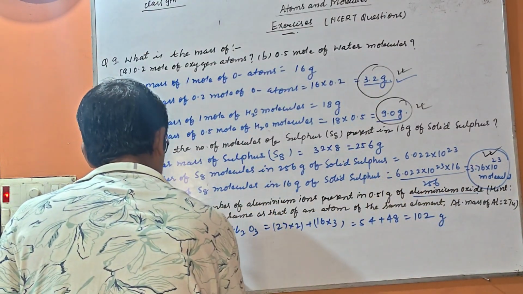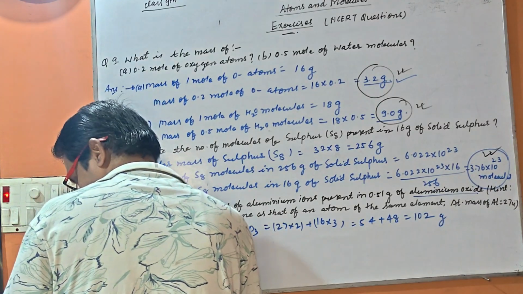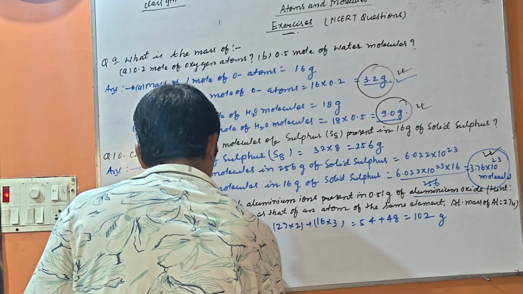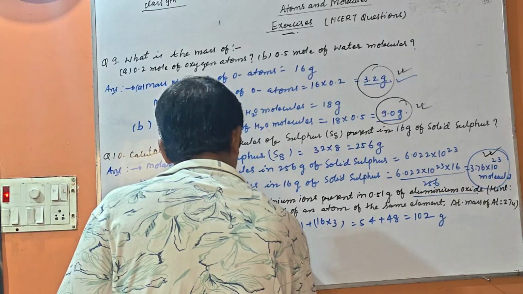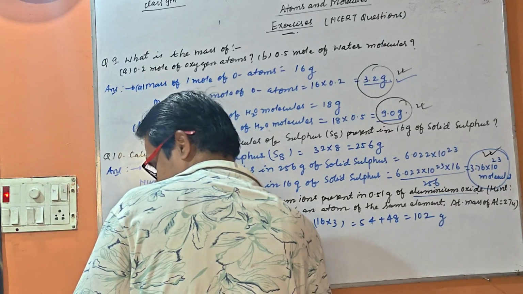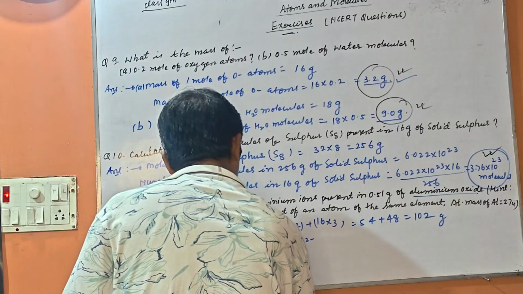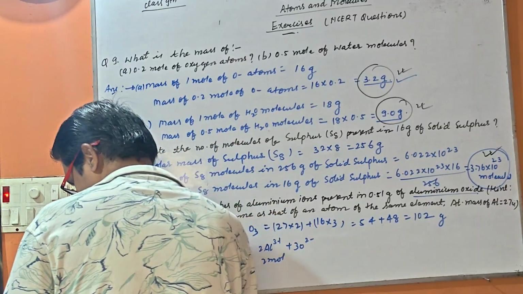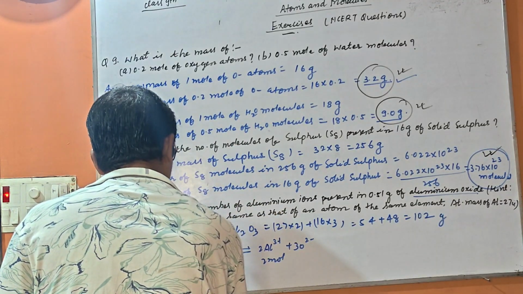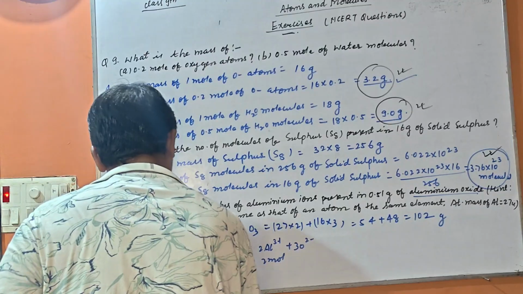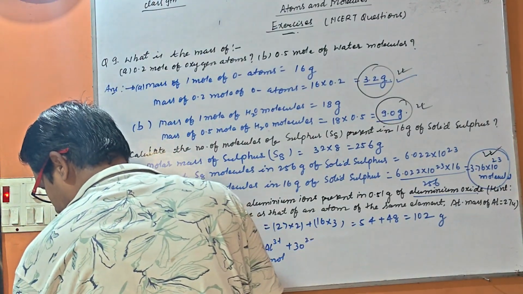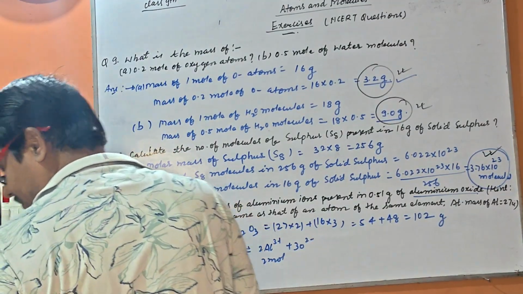So Al2O3 is reversible to 2Al3+ plus 3O2-, that is 1 mole giving 2 moles, 102 gram. So, my dear students, let us calculate.